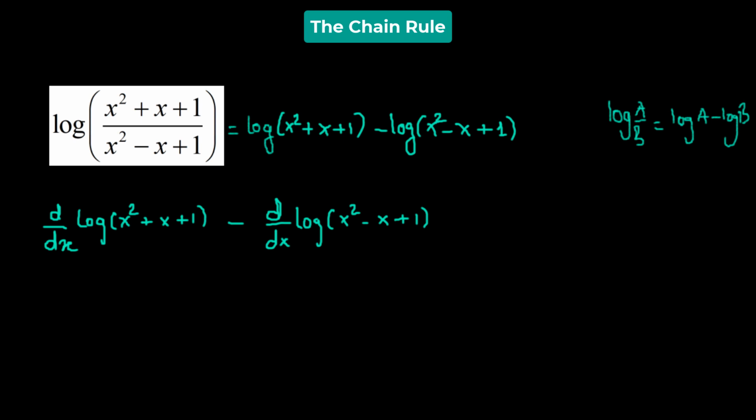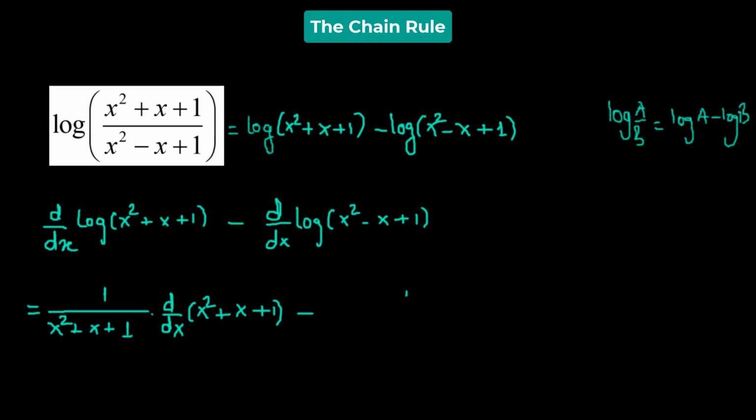Now for the first derivative, we are going to assume that if x squared plus x plus 1 were equivalent to x, then we have the derivative of log of x, which would be simply equal to 1 over x squared plus x plus 1. But since it is not, we are going to multiply it by the derivative of our assumed value, which is x squared plus x plus 1.